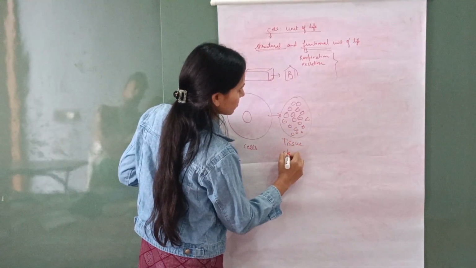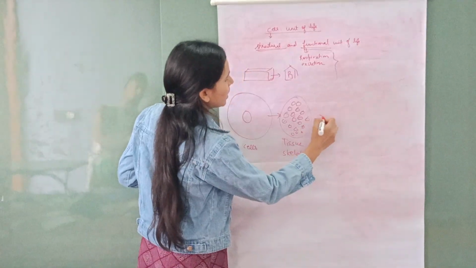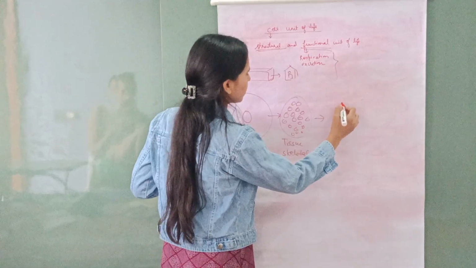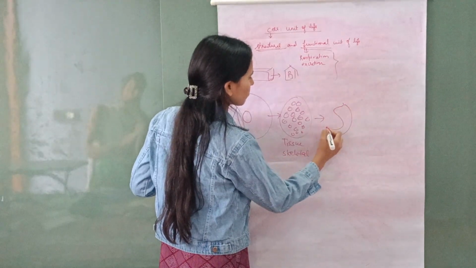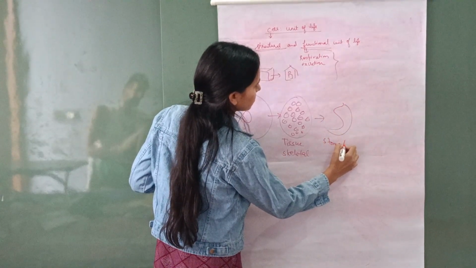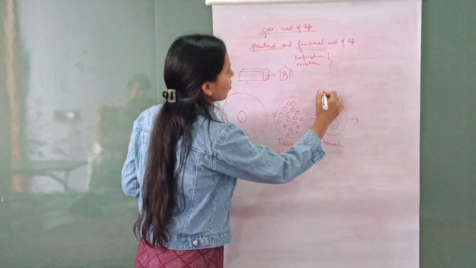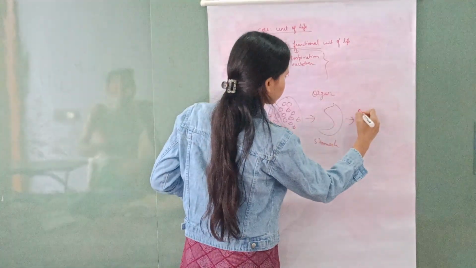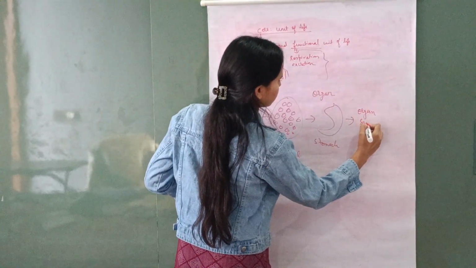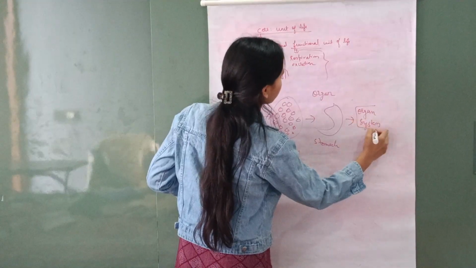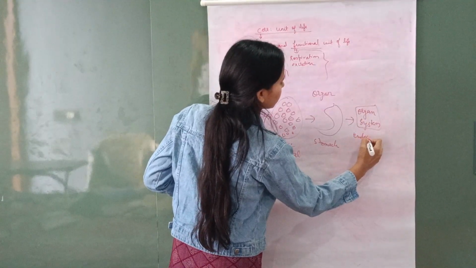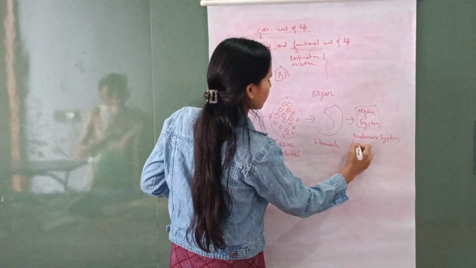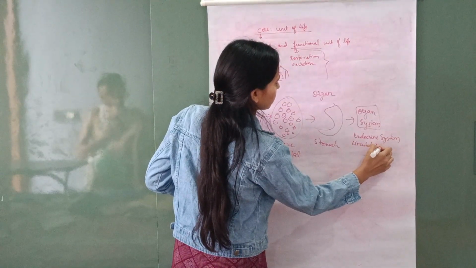Name some tissue, like skeletal tissue. And all the tissues together form an organ. You can name any organ. Take a stomach. And this is my organ. Organs together form the organ system. For example, you can take endocrine system or circulatory system, right?